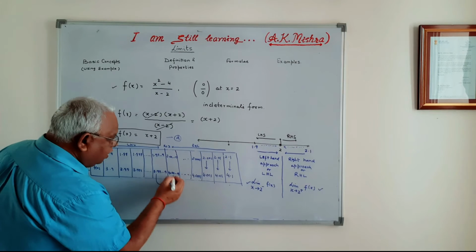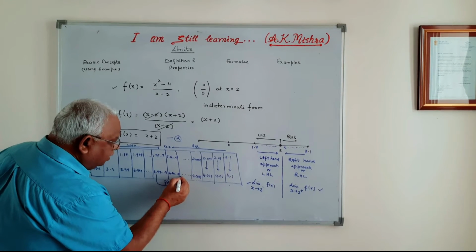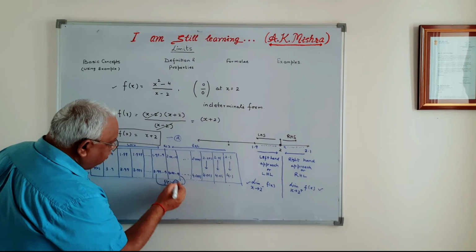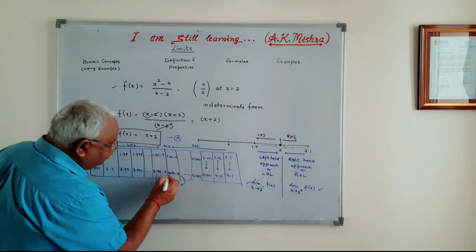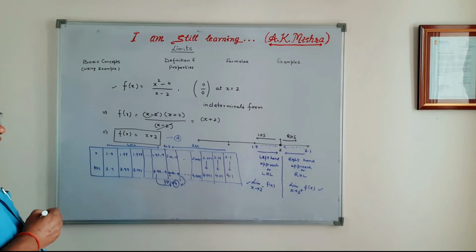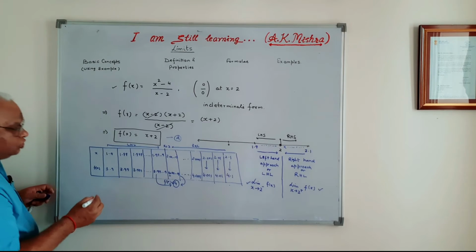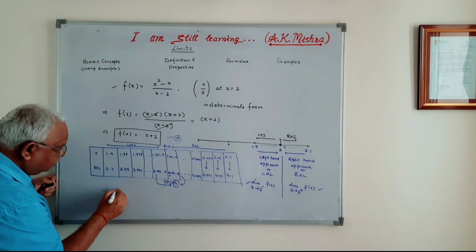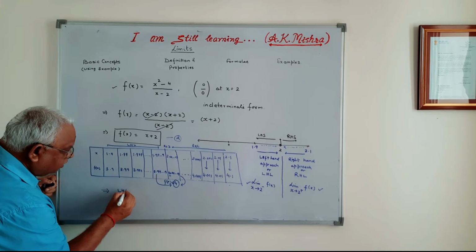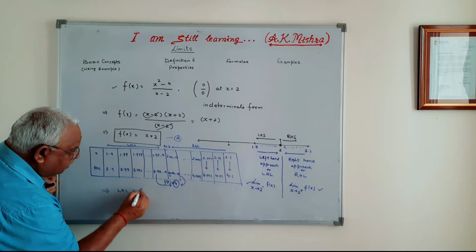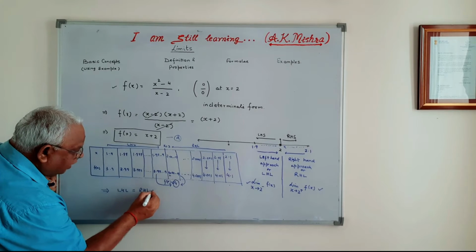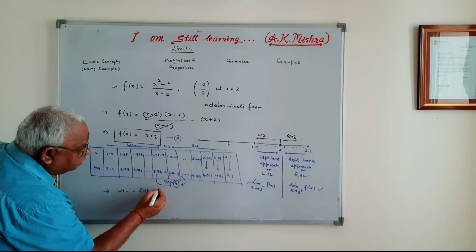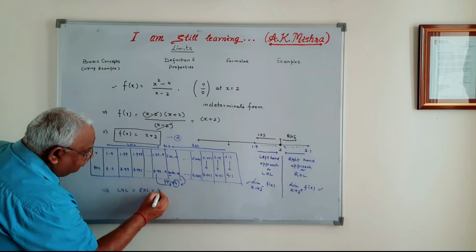When you approach from either side, you see that you are very close to 4. This concludes that left hand limit is equal to right hand limit, equal to 4.